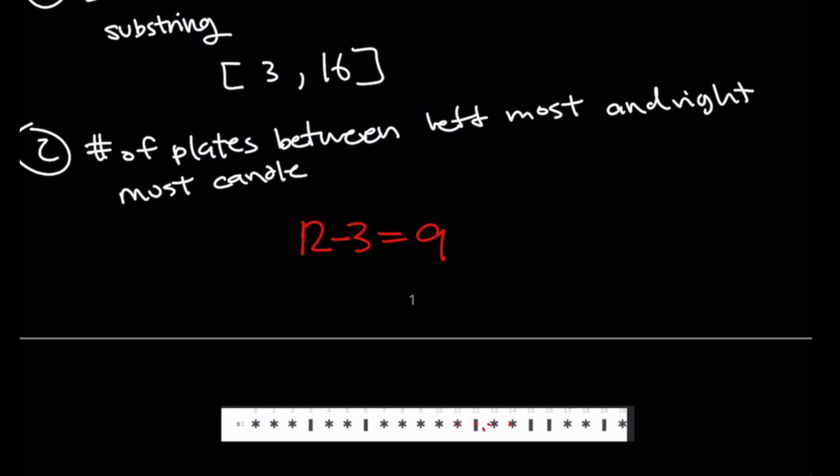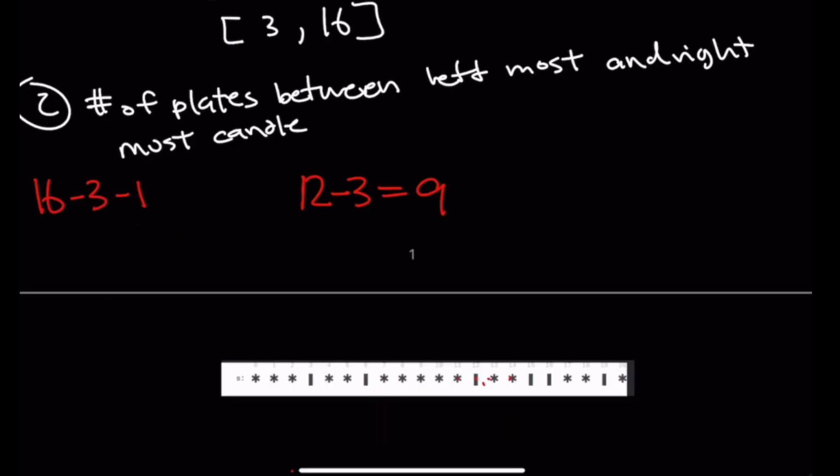To calculate the maximum number of plates possible in between the leftmost and the rightmost candle, we first take the corresponding indices, which is 16 minus 3, and then we minus one more because we are actually now counting the left and rightmost candle.